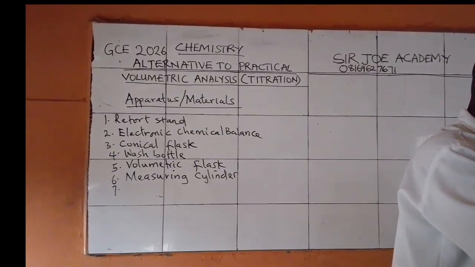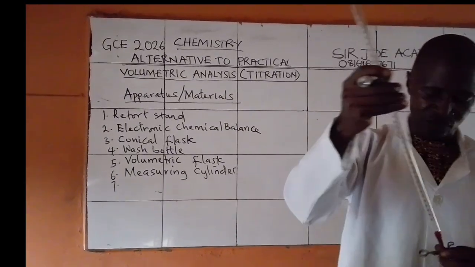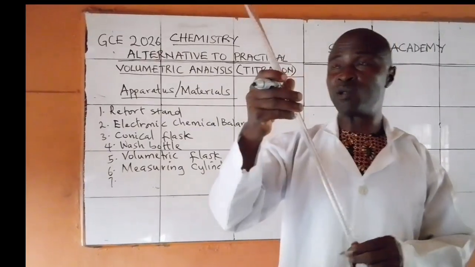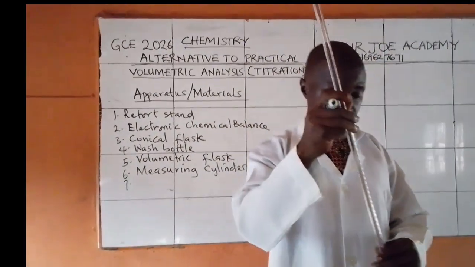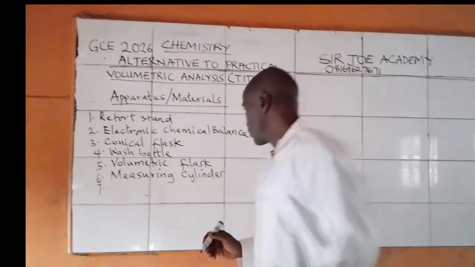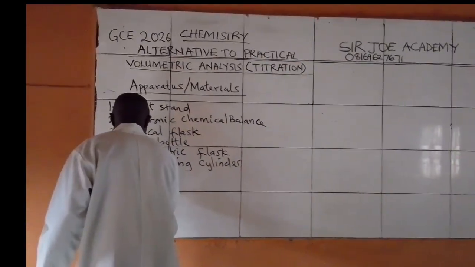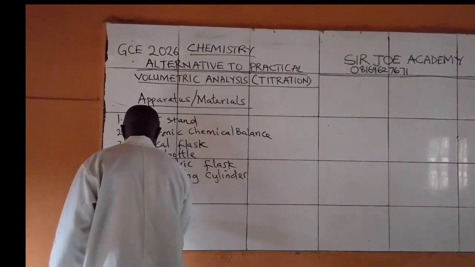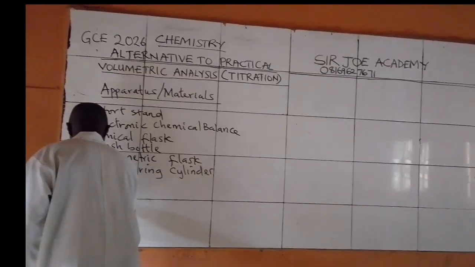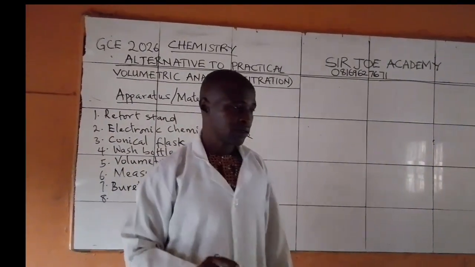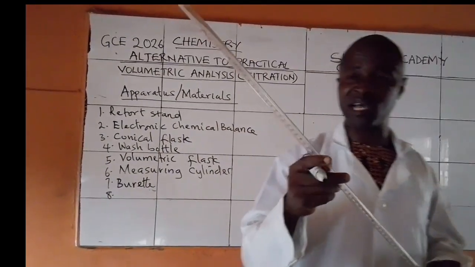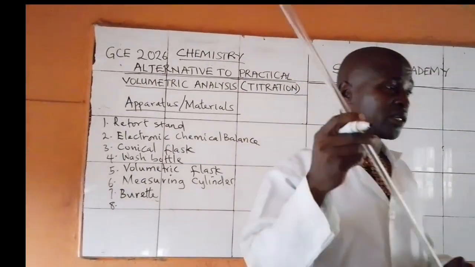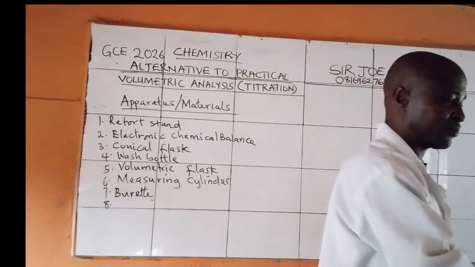Another important apparatus that is used for carrying out titration experiment is burette. Now we keep acid inside the burette for the titration practical.